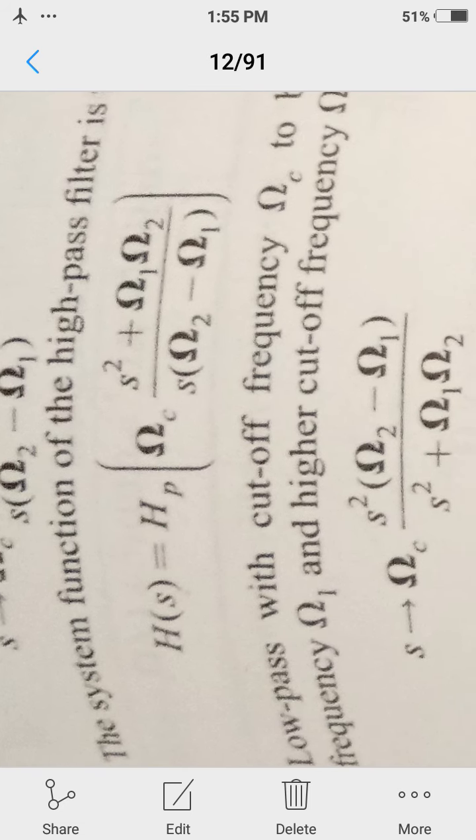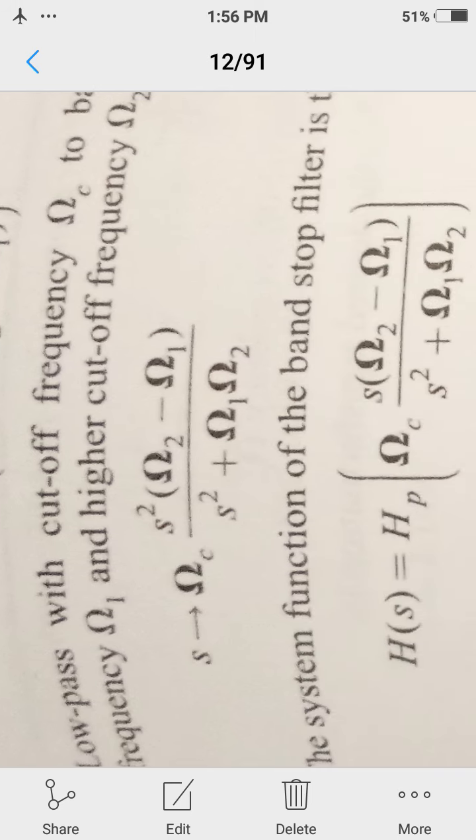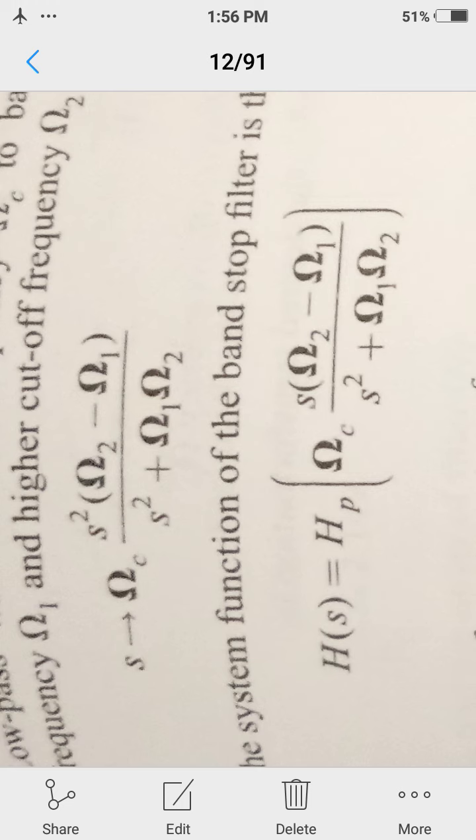Then the fourth condition: when a low pass filter with cutoff frequency Ωc is to be converted to a band stop filter with lower cutoff frequency Ω1 and higher cutoff frequency Ω2. In this case, the substitution of s will be Ωc s(Ω2 − Ω1)/(s² + Ω1Ω2), and the system function will become H(s) equal to HP(Ωc s(Ω2 − Ω1)/(s² + Ω1Ω2)).